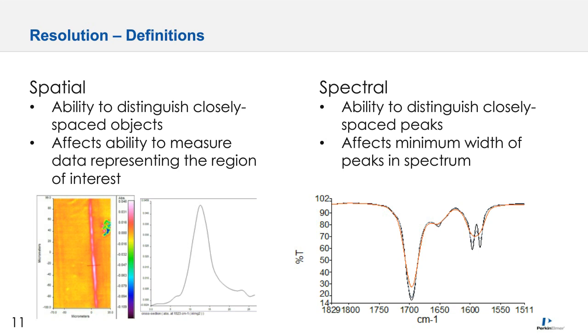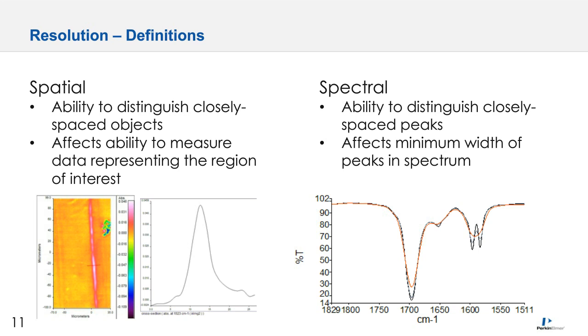So in the example that I provided previously, where we have 3 different layers of material in a sample, poor spatial resolution would mean that the infrared microscope would essentially just present us with a spectrum representing the 3 layers simultaneously. Despite our best efforts, we would see an infrared spectrum which actually represents a mixture of the materials.